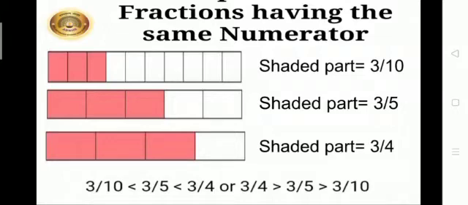If we use the greater than sign, then 3 by 4 is greater than 3 by 5 is greater than 3 by 10. This is the descending order, or the decreasing order, in which 3 by 4 is the biggest fraction, that of the third strip, and 3 by 10 is the smallest fraction, that of the first strip.